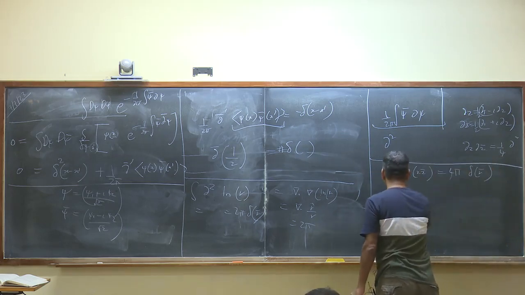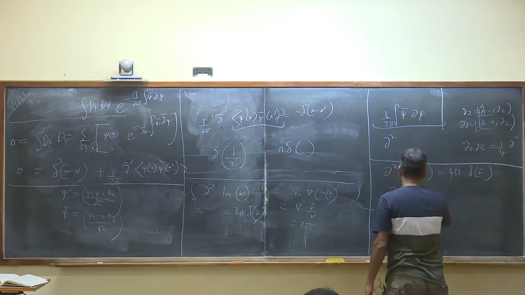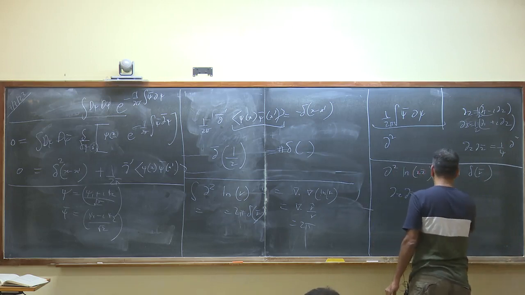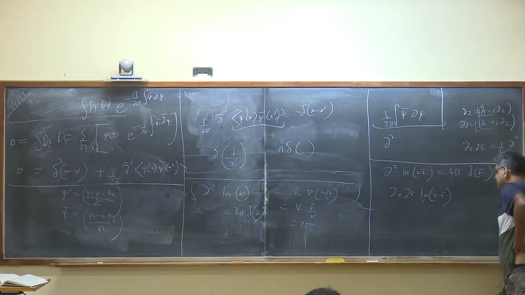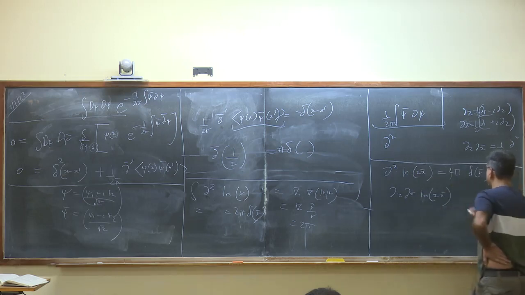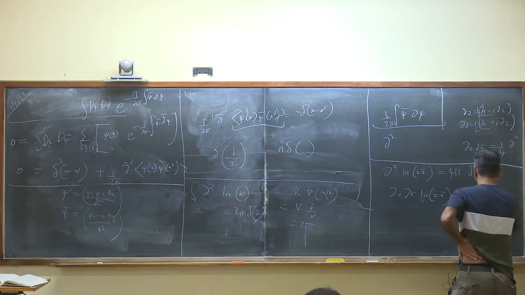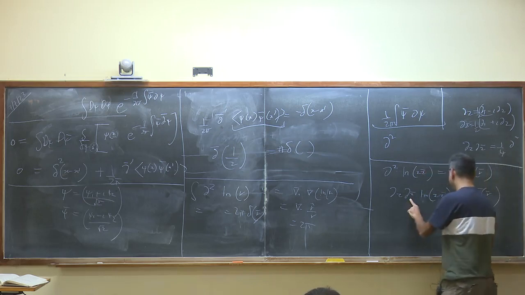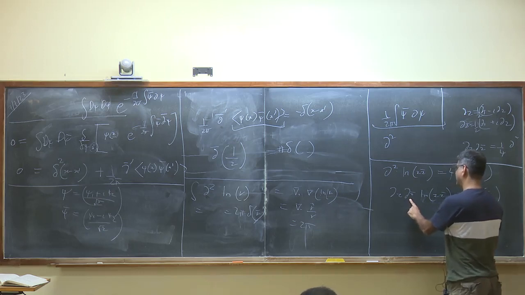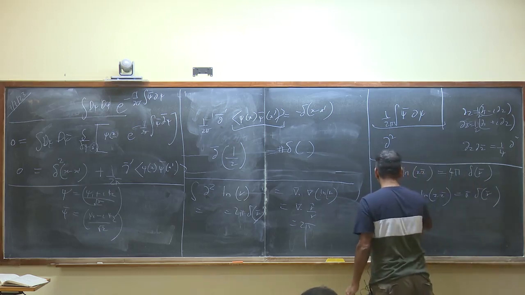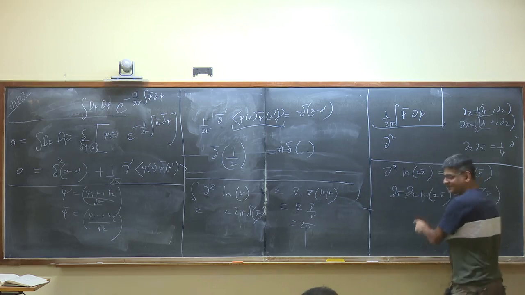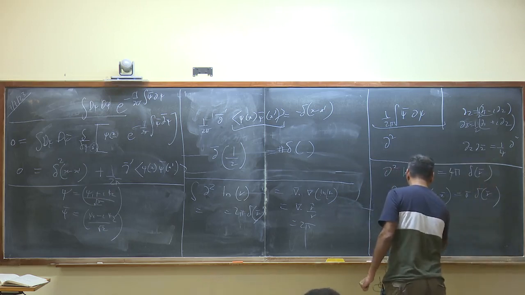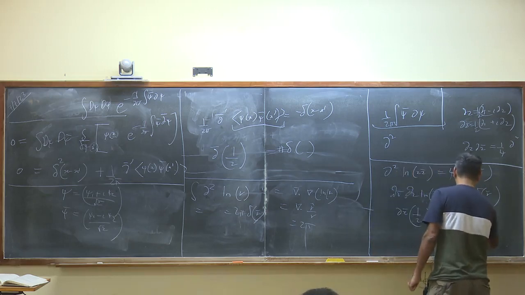So del z bar log of z was equal to pi delta of r. Now let's take the del z first, so that gives us del z bar 1 by z is equal to pi delta of r.